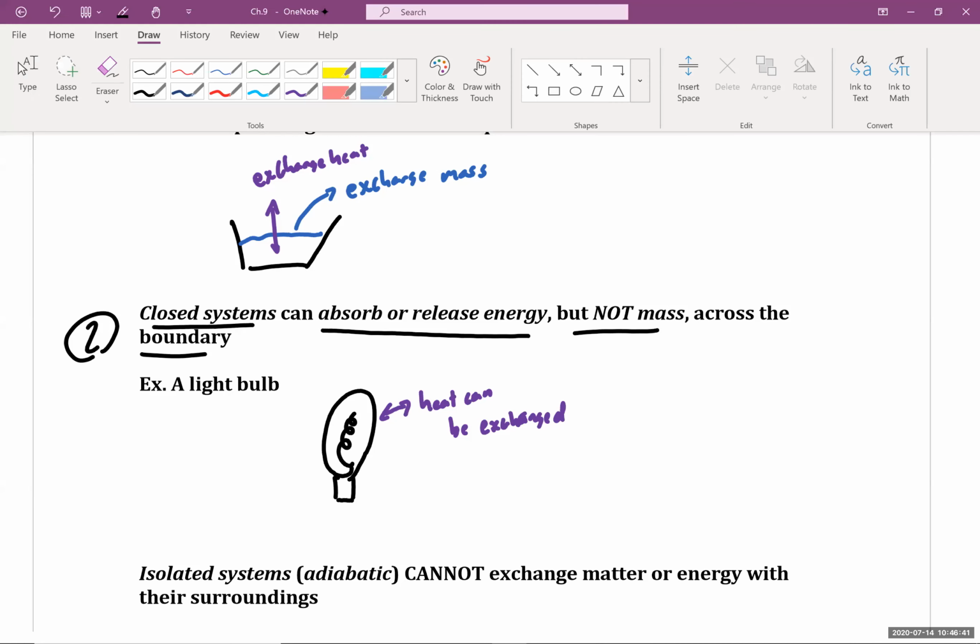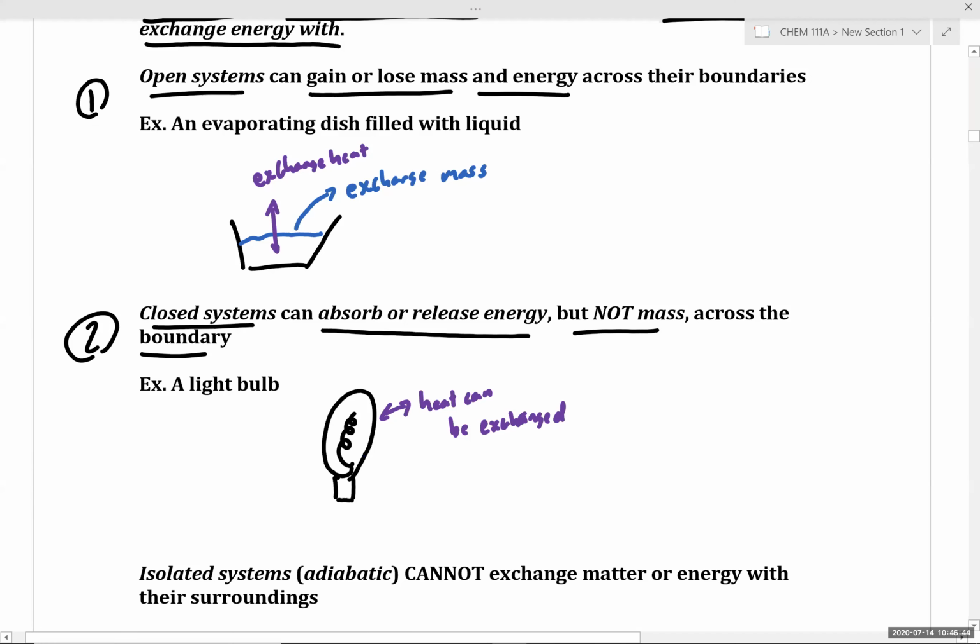But mass cannot enter or leave the light bulb. Generally, the metal filament and other components inside the light bulb stay inside the light bulb.